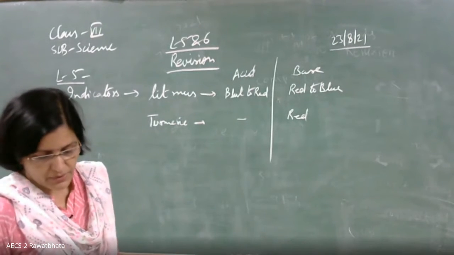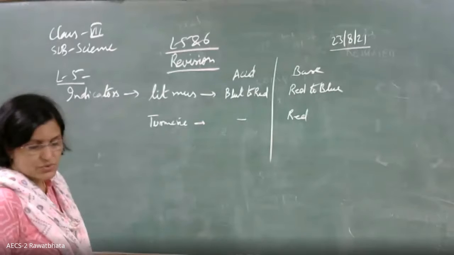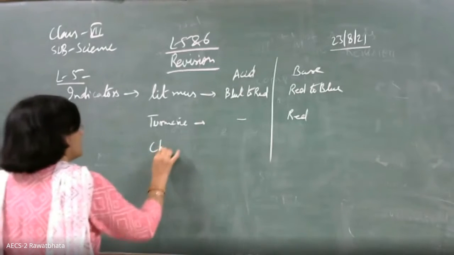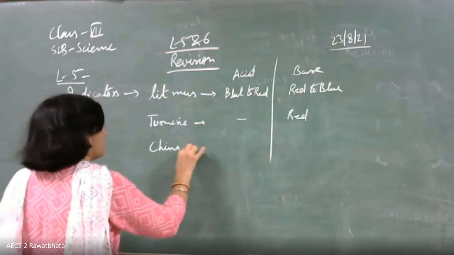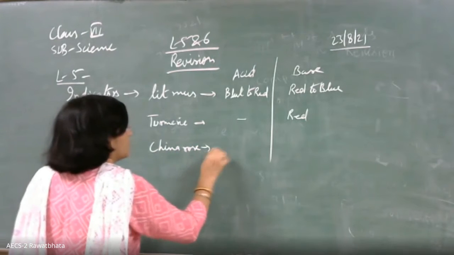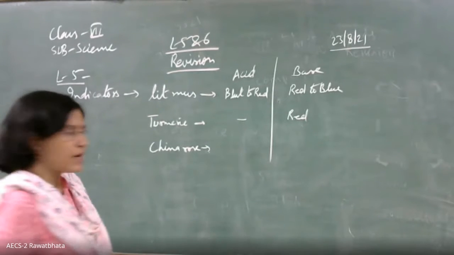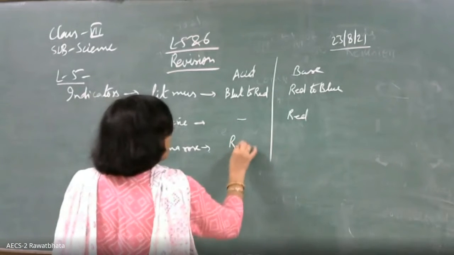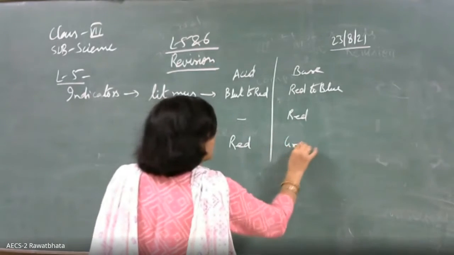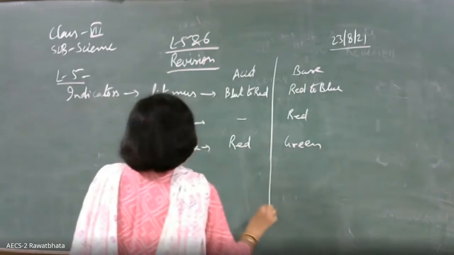And then after that, China rose. China rose works in both cases. In case of acid, it is more or less red and it turns green in the base.